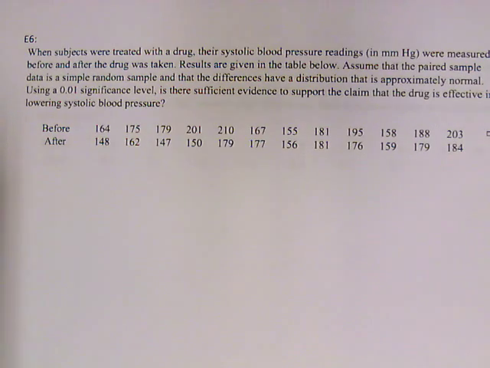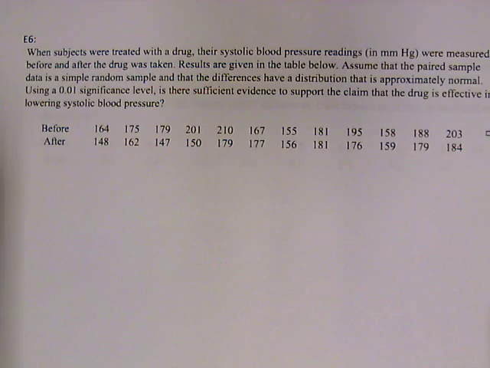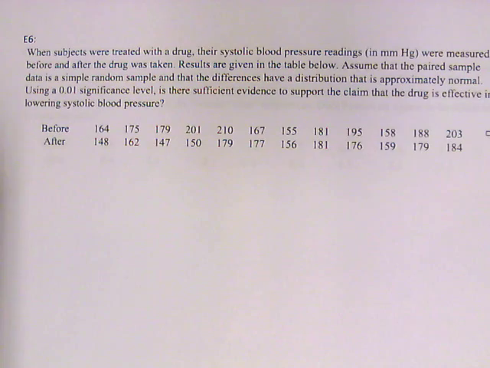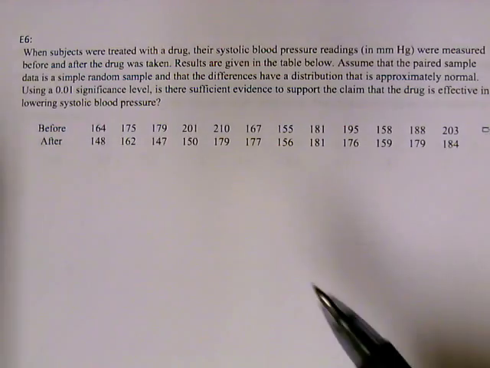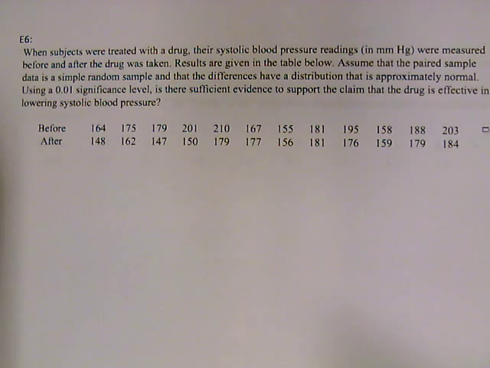Assume that the paired sample data is a simple random sample and that the differences have a distribution that is approximately normal. Using a 0.01 significance level, is there sufficient evidence to support the claim that the drug is effective in lowering systolic blood pressure? Okay, and this is the data that we have, the before and the after.